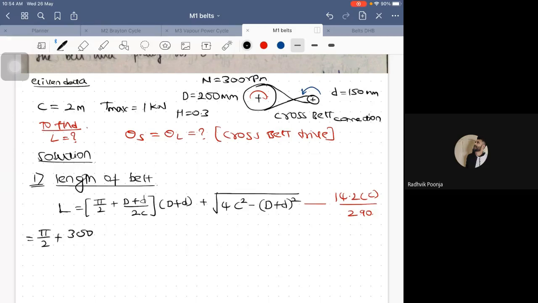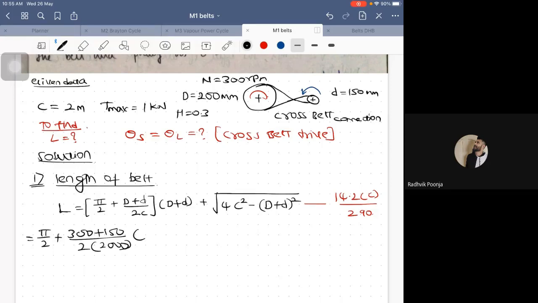Now it is 200 plus 150 divided by 2 times... Remember, either you substitute in mm or you substitute in meters. Everything should be in the same unit. If you are substituting in mm, all things should be in mm. If you are substituting in meters, all things should be in meters. Now I am substituting in mm. So C is 2 meters, which in mm is 2000.